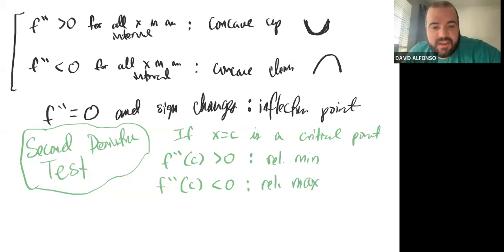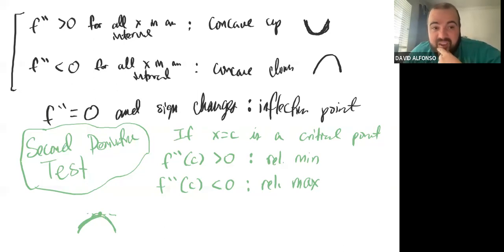Okay, that's the second derivative test. So they're basically saying you have a critical point, where the slope is 0, but at that value of x, it's concave up, for example. That means that's a relative minimum. But if at that value of x the second derivative is negative, meaning it's in an interval where it's concave down, but it's a critical point, that means it's a relative max.